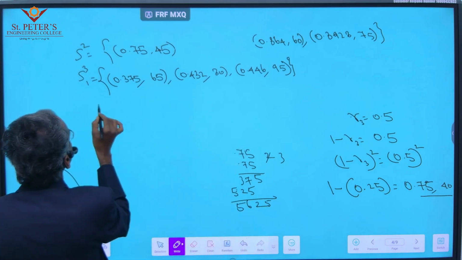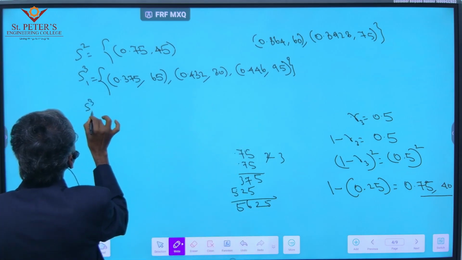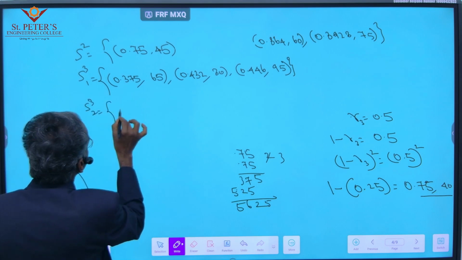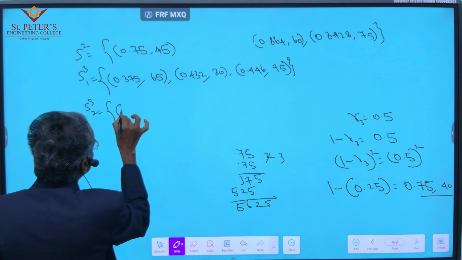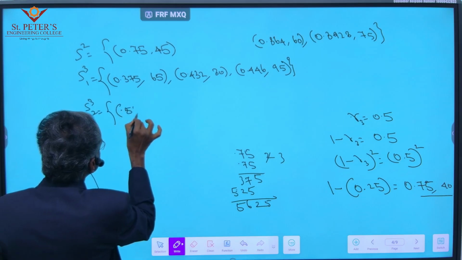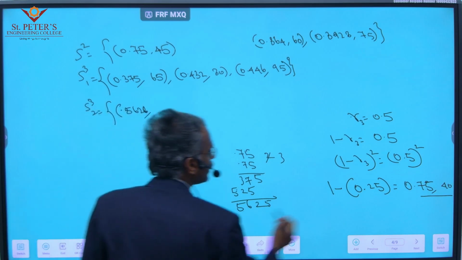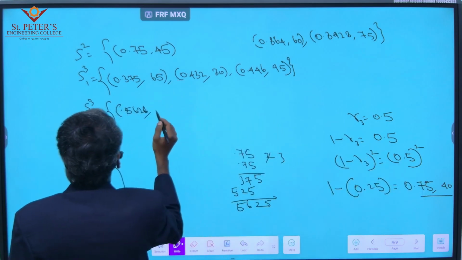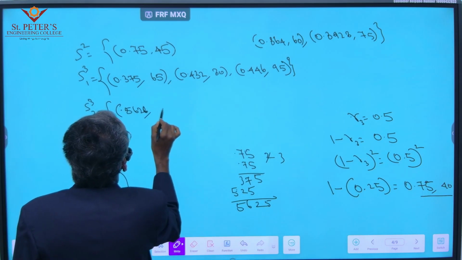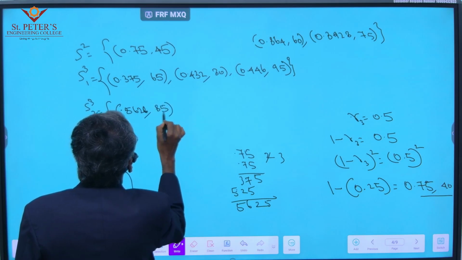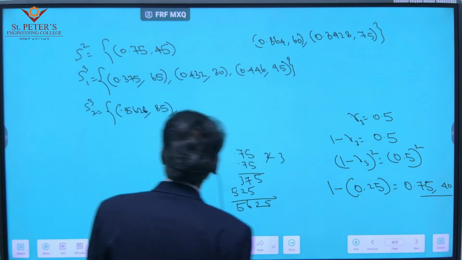So this is third device, second copy, 0.5625 comma 40 plus 45, 85. This is for the second copy, right?